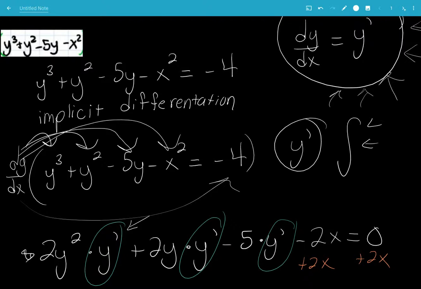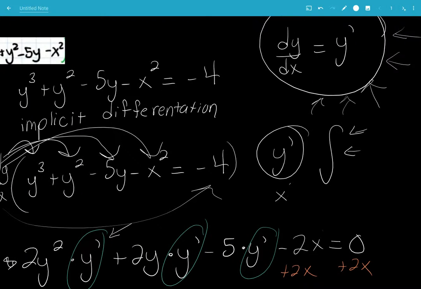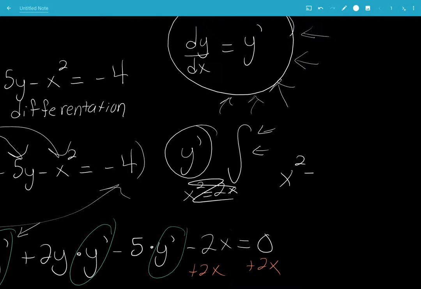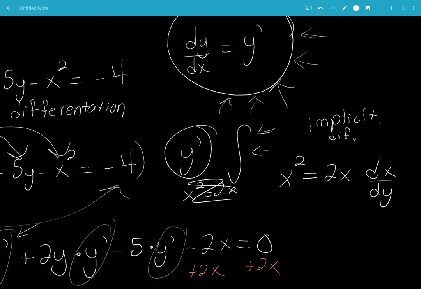It looks like this weird S. Maintaining y prime is an indication to the reader, hey, I didn't just say x squared equals 2x. No, what I said was x squared is equal to 2x dx dy, if I was implicitly differentiating on x.